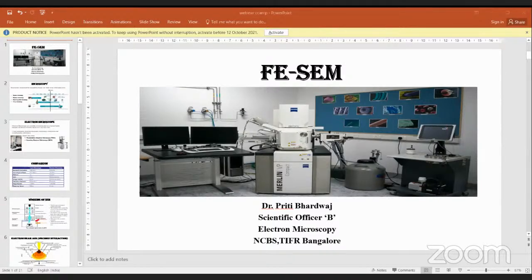The electron gun generates electrons at the top of the chamber. Electron guns generate electrons from different filaments. It can be a tungsten filament, lanthanum oxide, or field emission gun. So there are different sources used to produce the electrons.